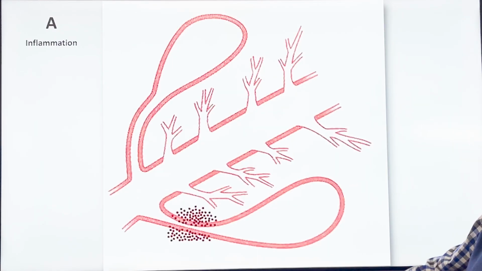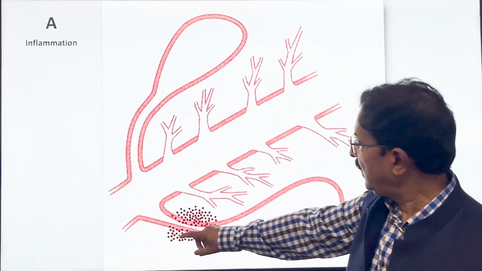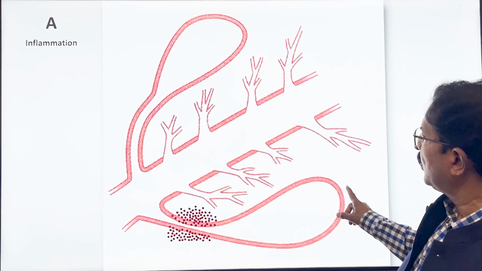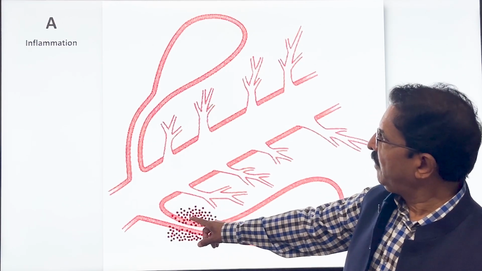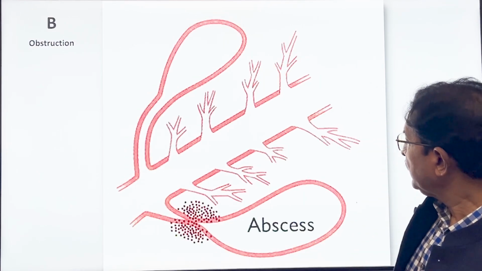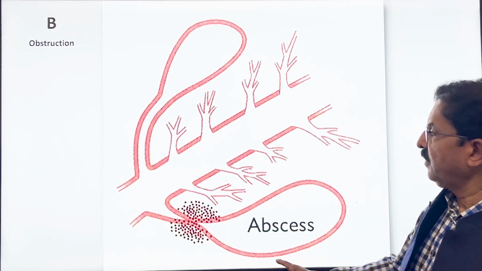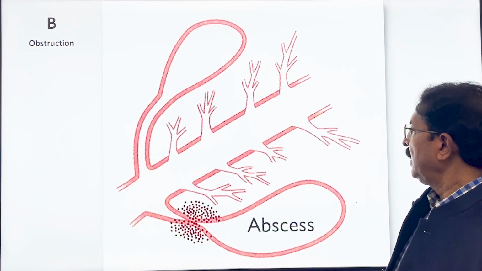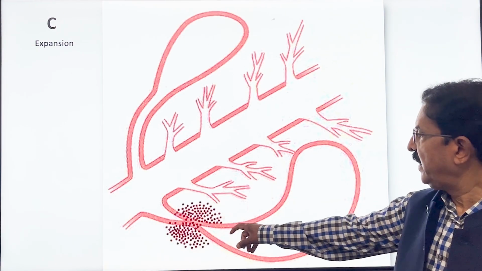So, if you see in this diagram, this is the duct leading to the gland. When there is an inflammation around these ducts, the duct becomes occluded, and there can be formation of a periurethral abscess, and this abscess can expand.